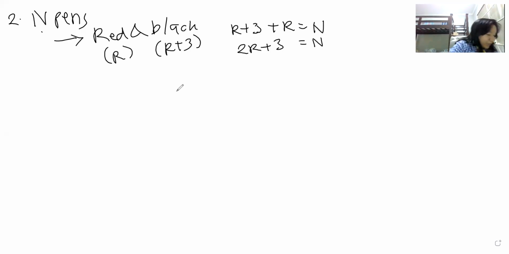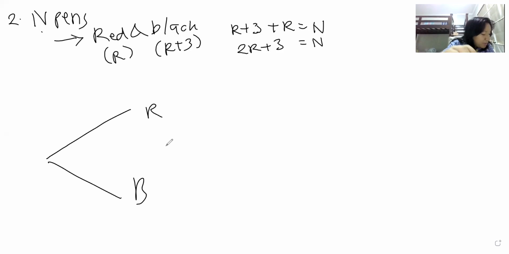So if someone takes 2, what is the probability of getting the first one black and the second one red? Well, never mind. That's the one that we already know. It's 9 over 35. But the real question is how many pens are there? So from the tree diagram, I can conclude that this is R. The first one black and then second one red.